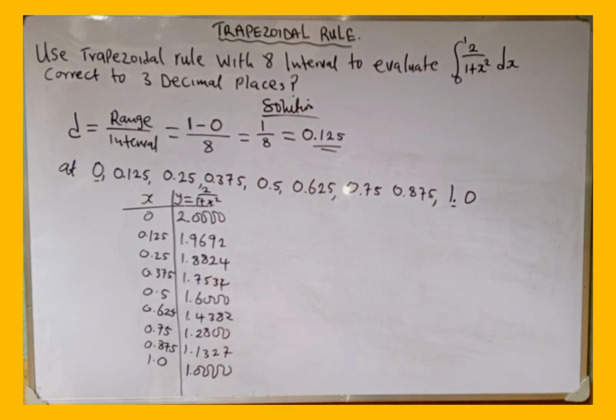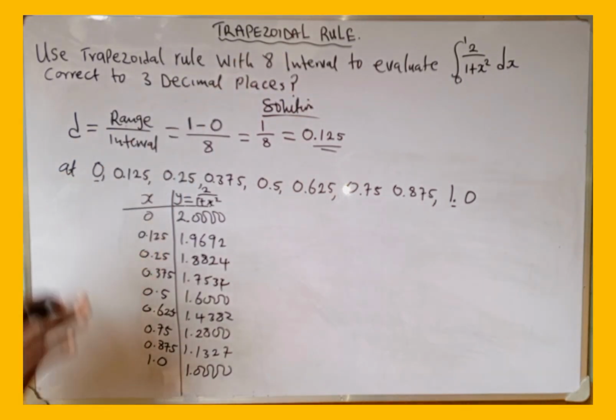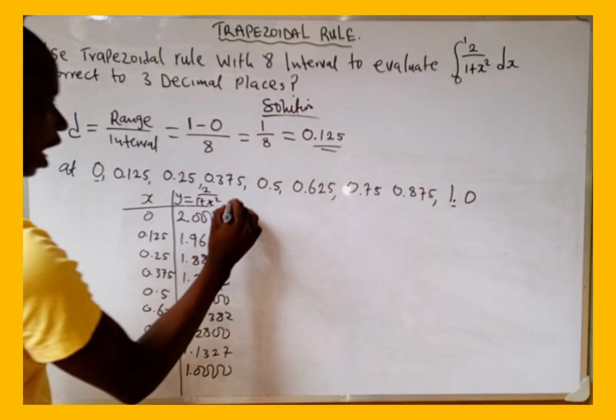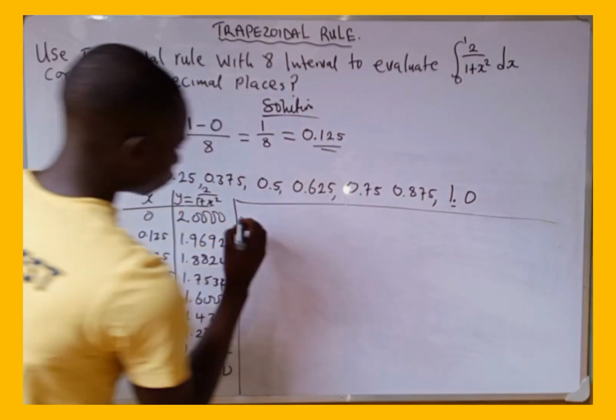So the next thing we're going to do is the trapezoidal rule formula used to evaluate integrals. And the formula is given as what?